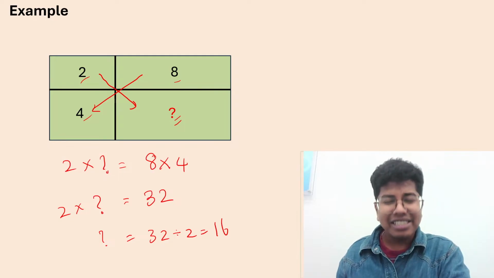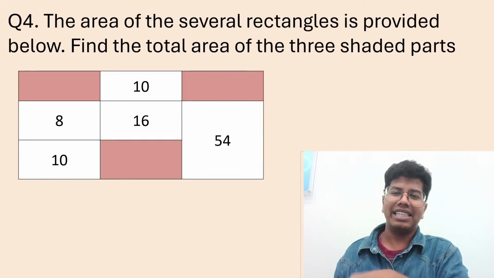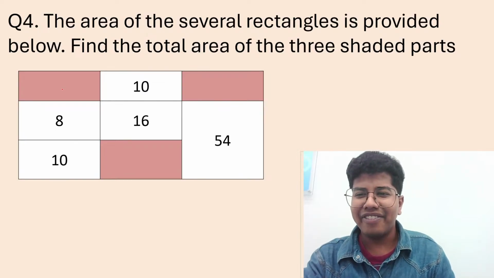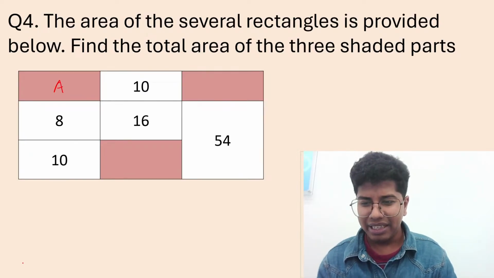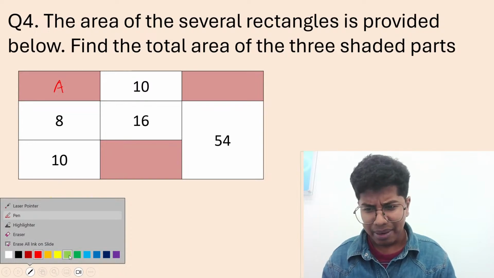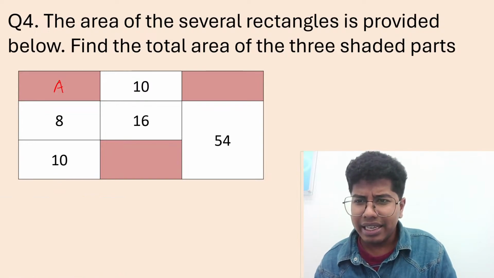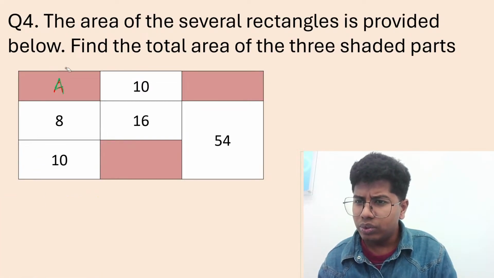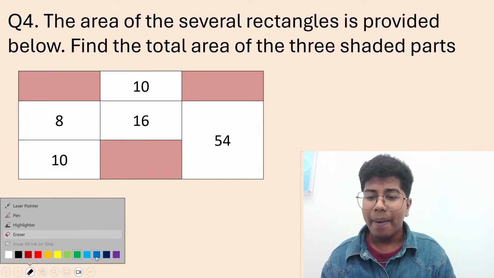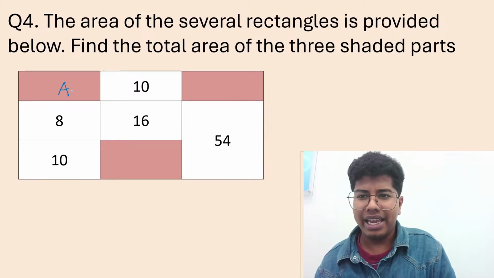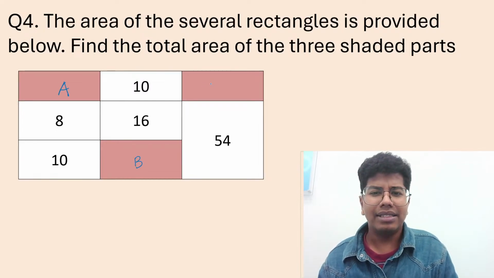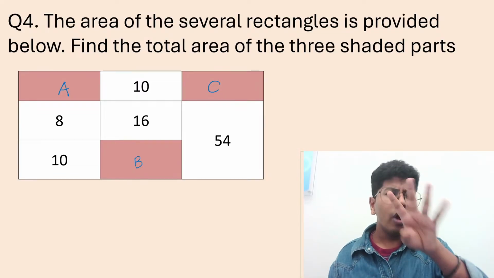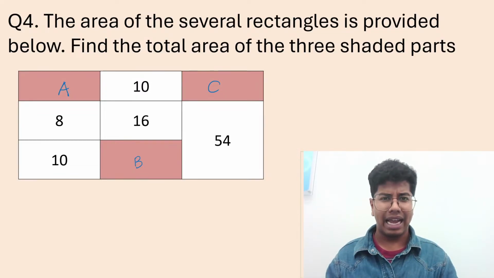So if this is the case, let's see this question. In the question, I have A, I have B. Let me mark. Let me use blue. This is A, this is B, and this is C. There have to be 4 rectangles inside a closed rectangle.